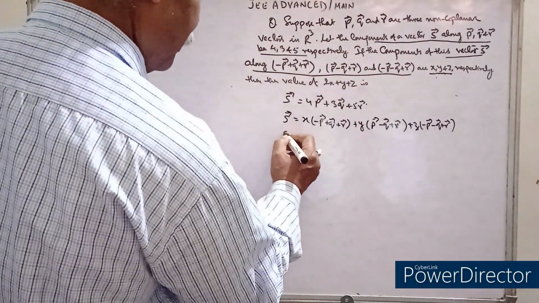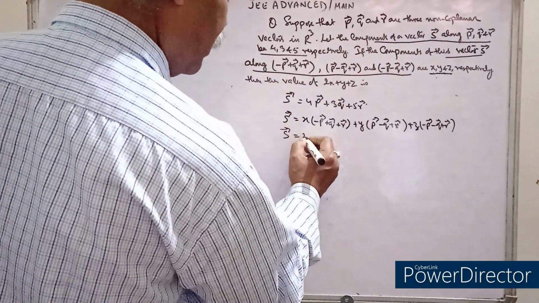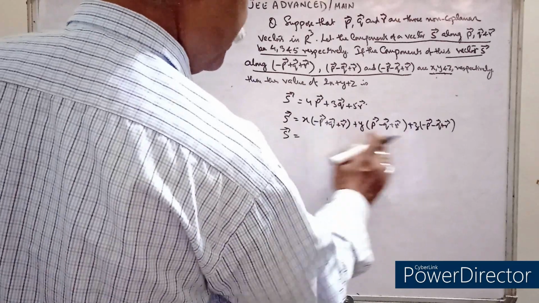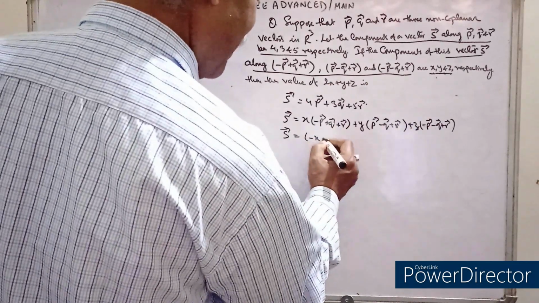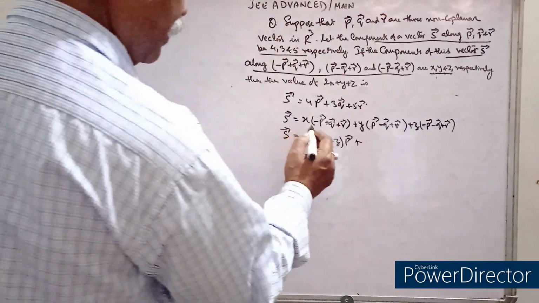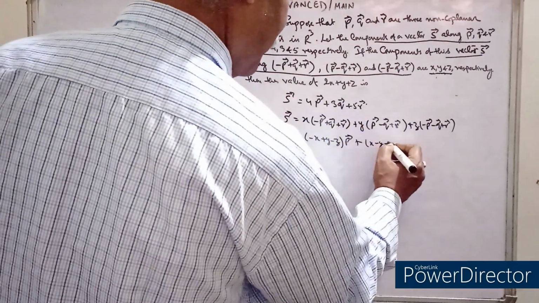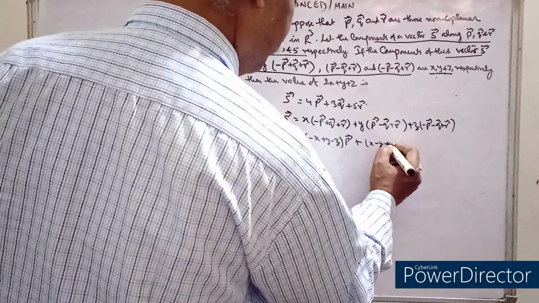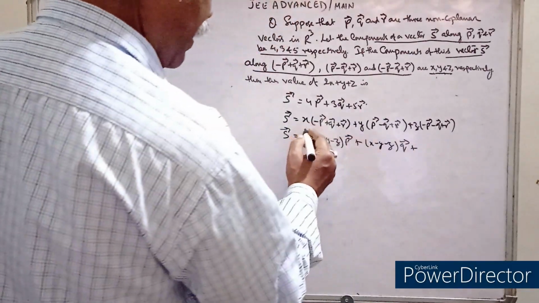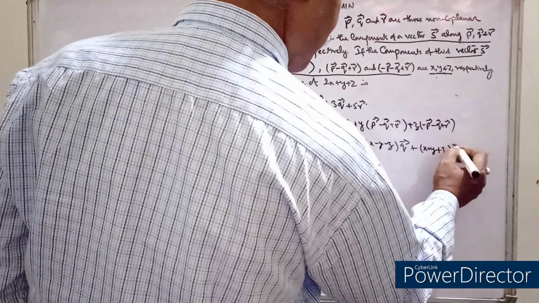So this will be the S vector: minus x plus y minus z is the p vector, and x minus y minus z is the q vector, and again x plus y plus z is the r vector.